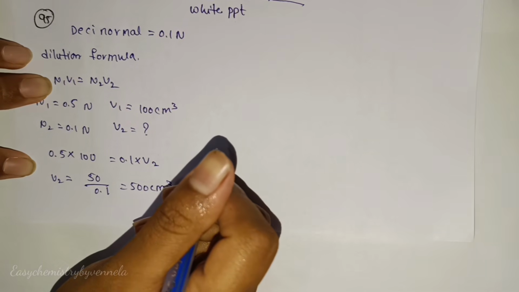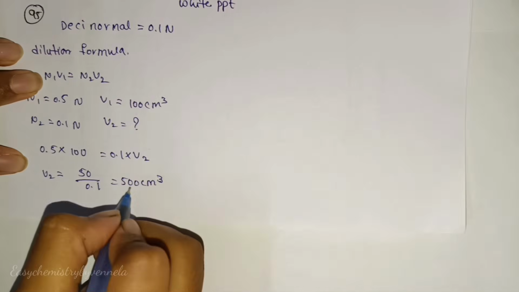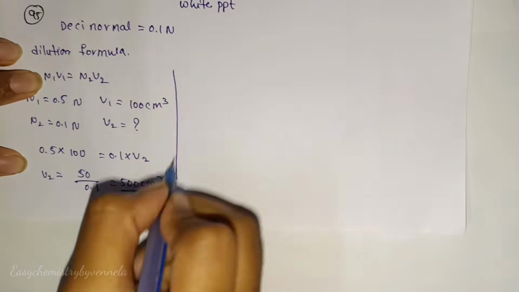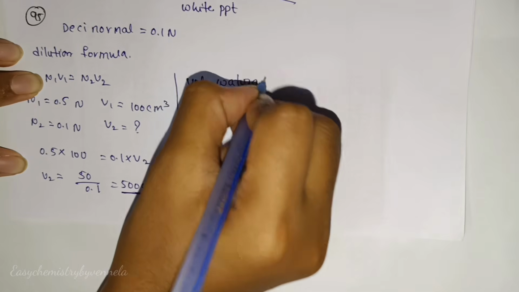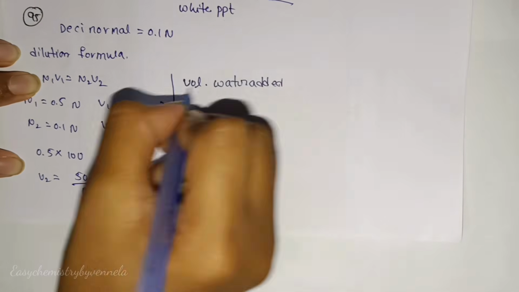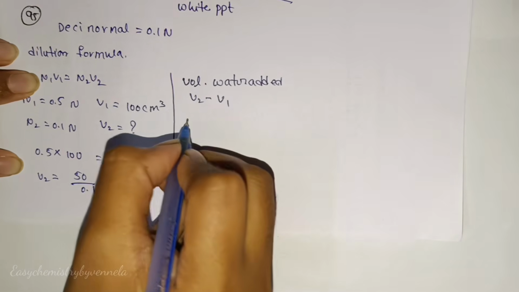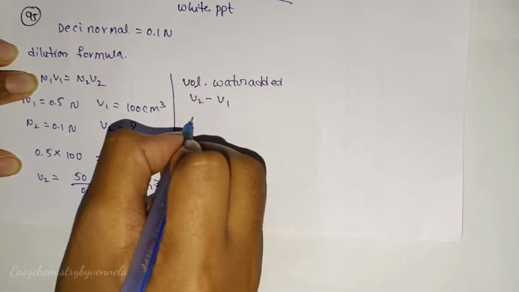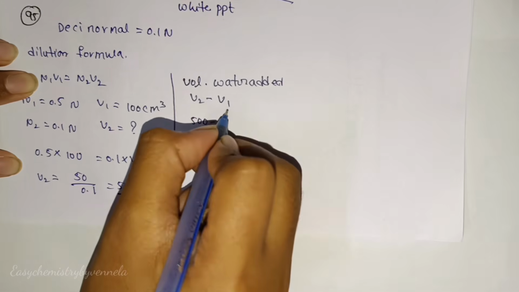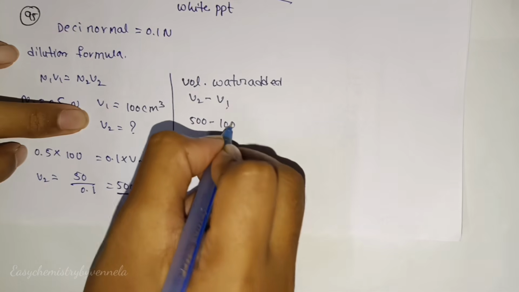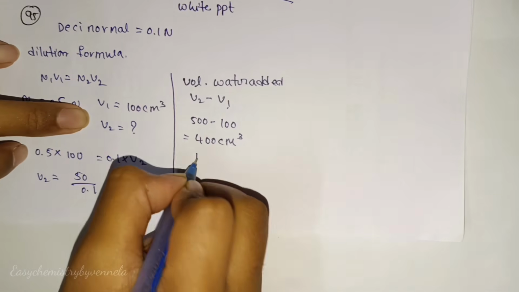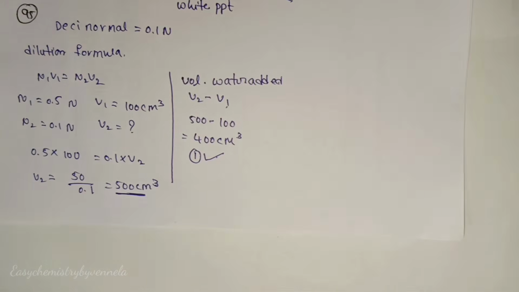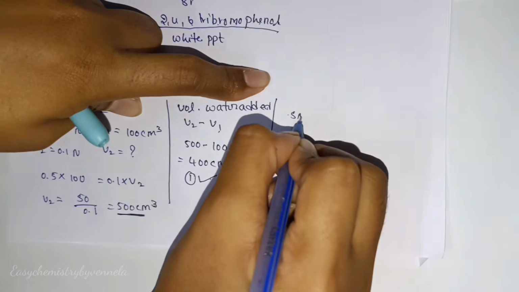In this question, the volume of water to be added is the final one. Volume of water added is equal to V2 minus V1. V2 is 500 minus V1, how much? 100. So total 400. First one is the correct one.